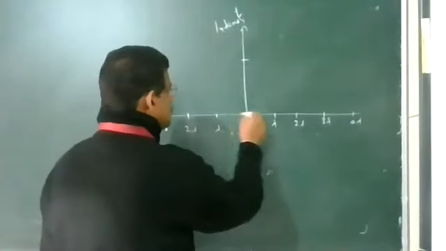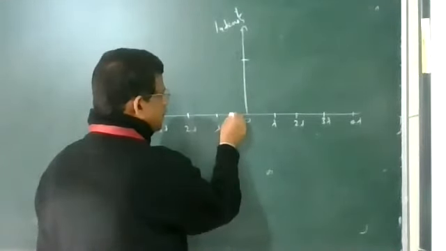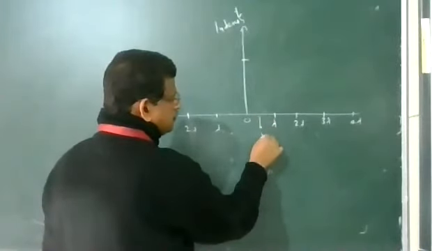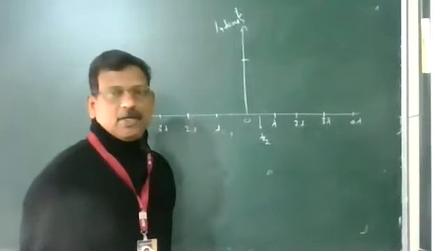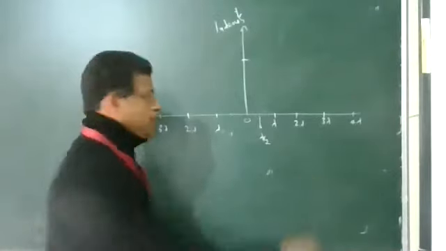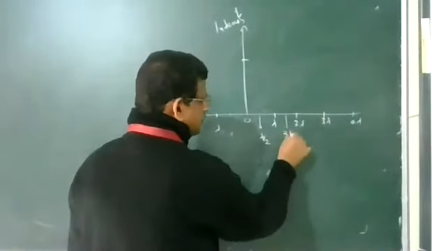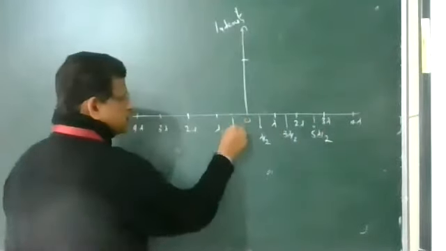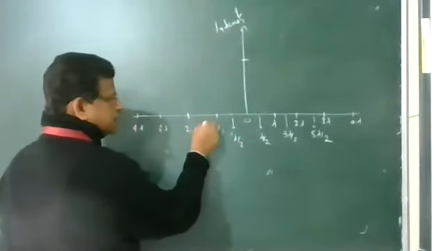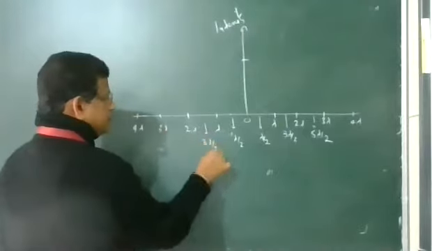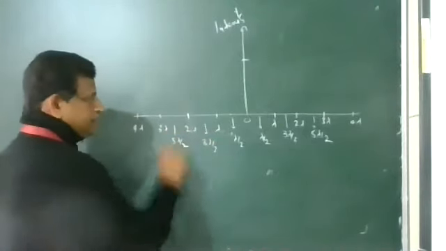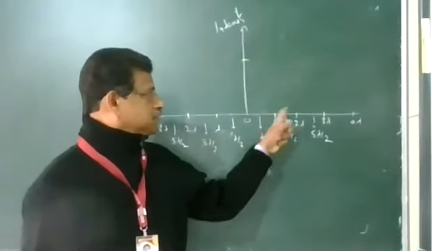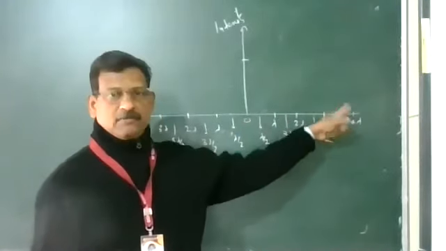This is the center. In between, here we get lambda by 2, that is, (2n minus 1) lambda by 2 path difference, then 3 lambda by 2, then 5 lambda by 2. These are the positions of the minima on either side. So starting from 0, lambda maximum, 2 lambda maximum, 3 lambda maximum, 4 lambda.